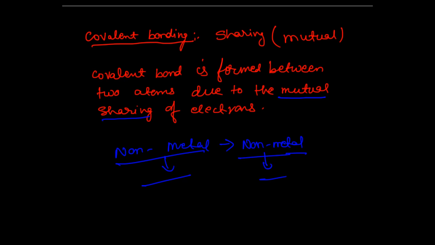It is mostly between non-metal atoms, but we'll learn that in some cases covalent bond occurs between a metal and a non-metal too. So let's read about their dot and cross diagram and examples.